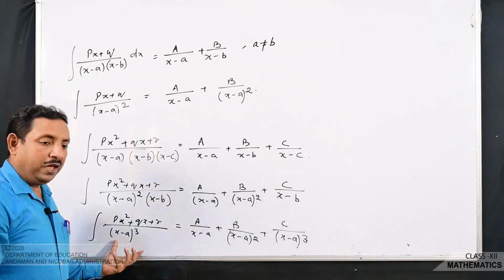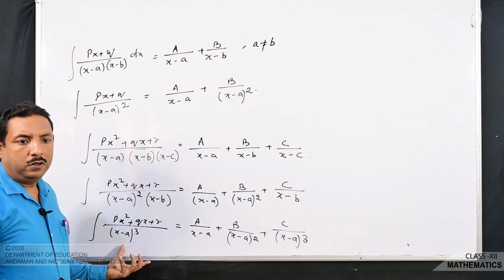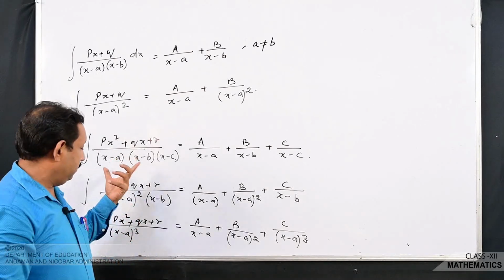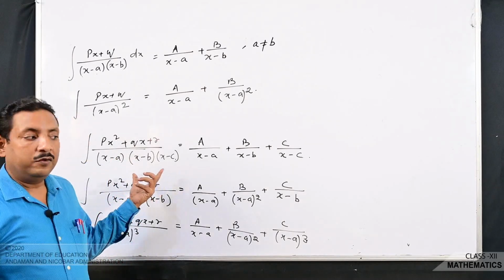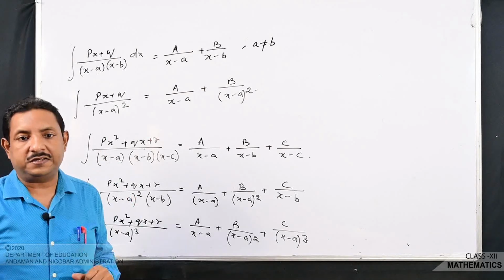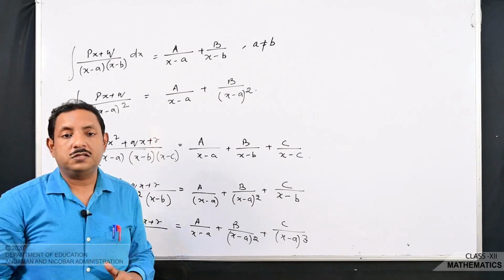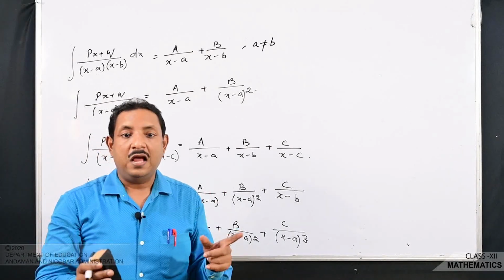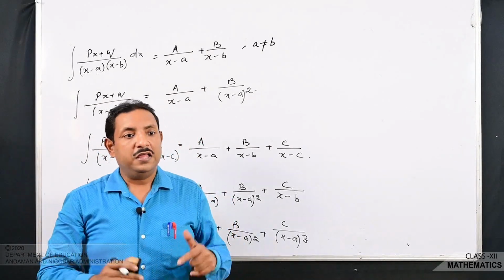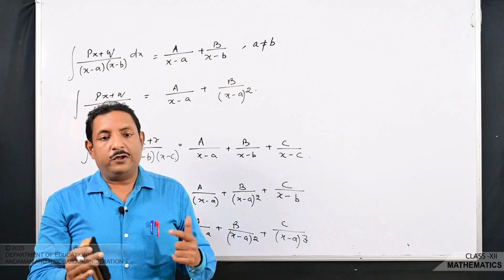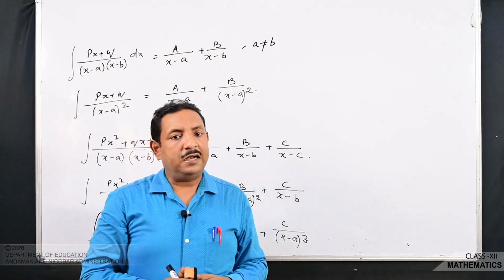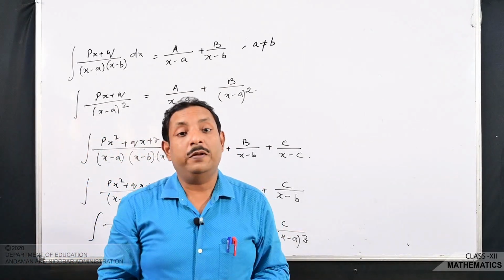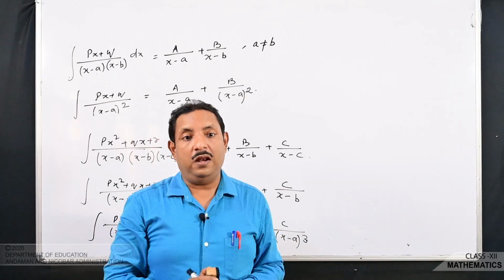Now, there may be some more problems. First we can find one single factor, and there may not be two more factors. That means after taking the first factor, your cubic becomes a quadratic one, and that quadratic is not splittable, not factorable.